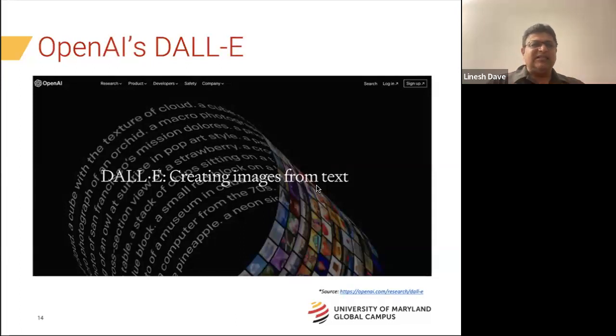And as much as ChatGPT became popular, or maybe ChatGPT is a little more popular than DALL-E, this was also being used so heavily by enthusiasts and designers, and it helps you build all different kinds of images based on the text that you provide.